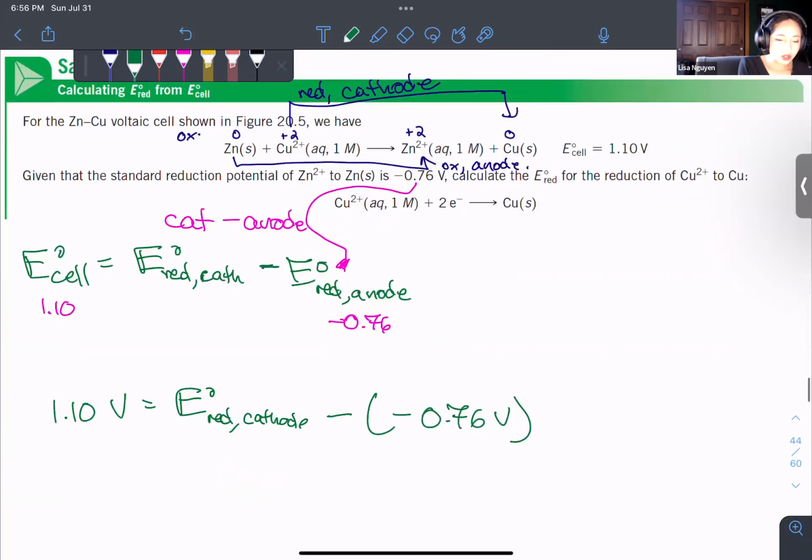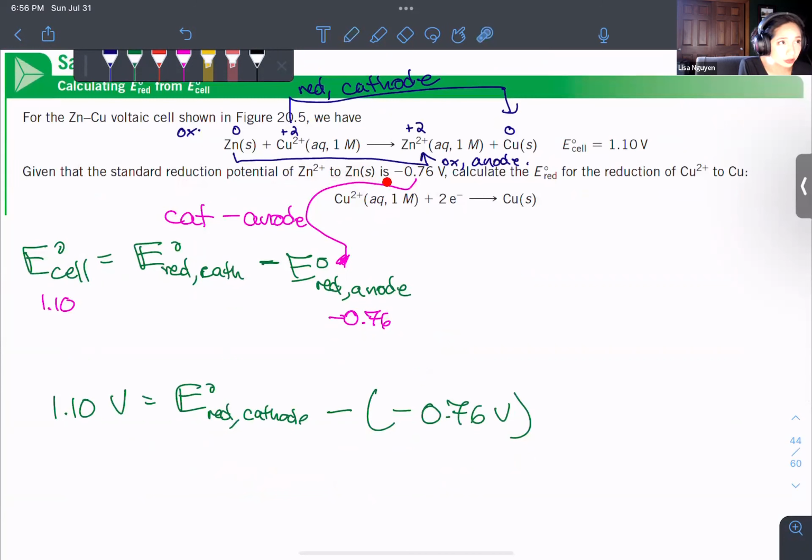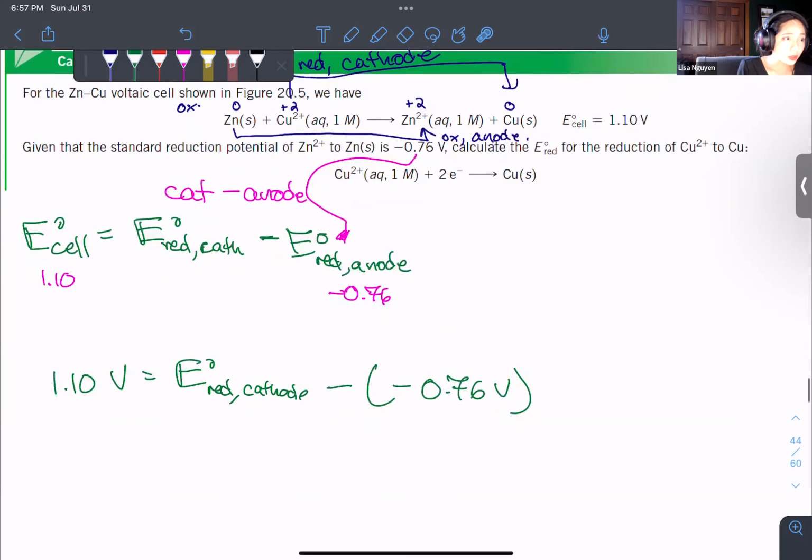I tell you what the reduction potential is, so you put it in the equation as is, and the negative sign stays there. But in the end, we're subtracting a negative, so it does become positive.